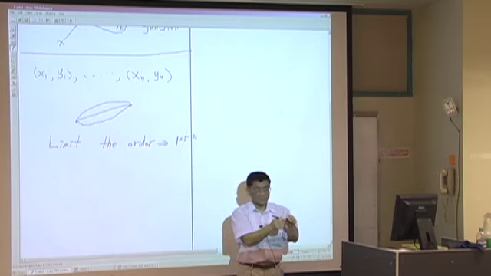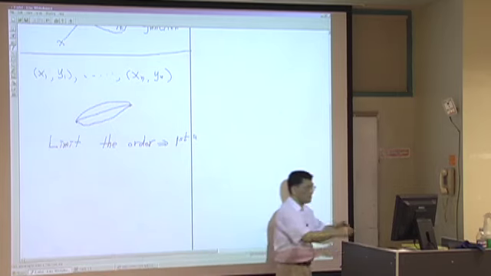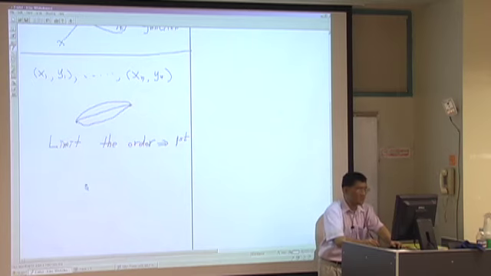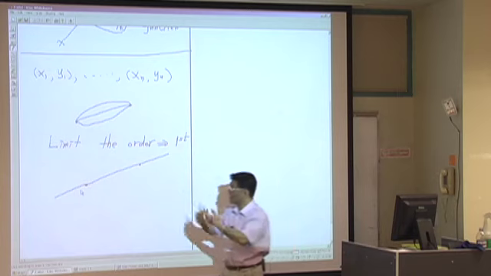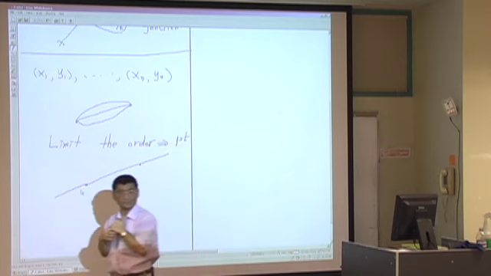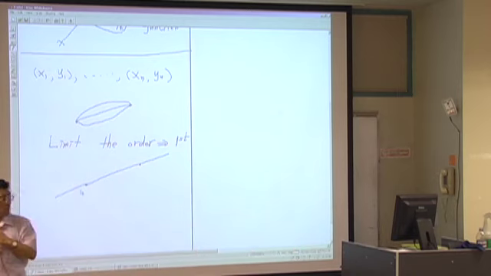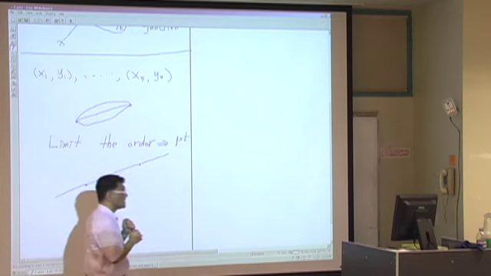A first order function is a line. Then there is only one line, right? It's unique. So once we impose conditions, we can get uniqueness. So what Newton did was this idea.